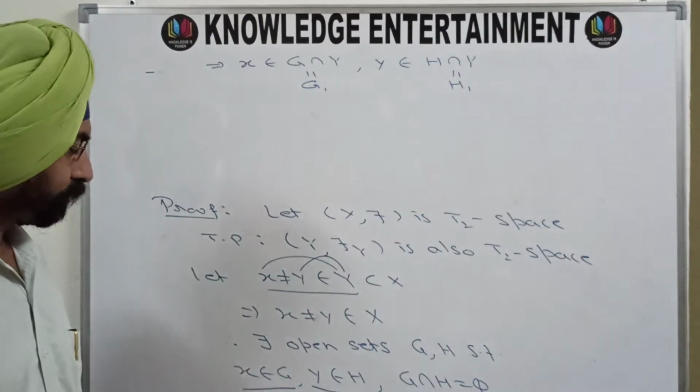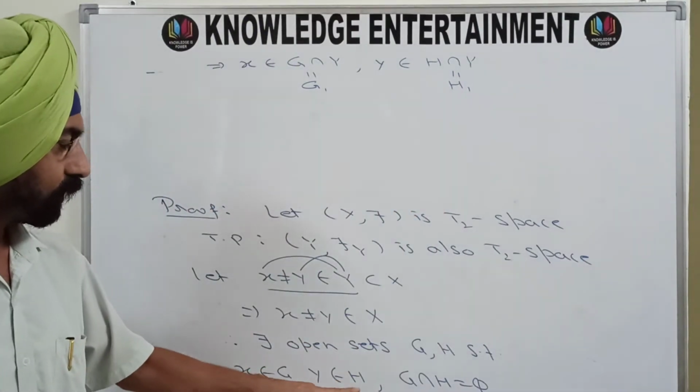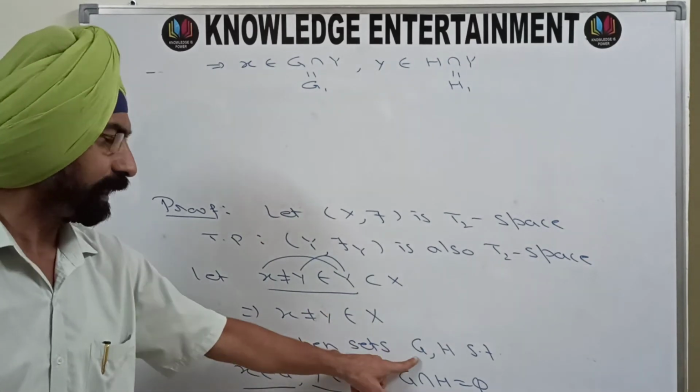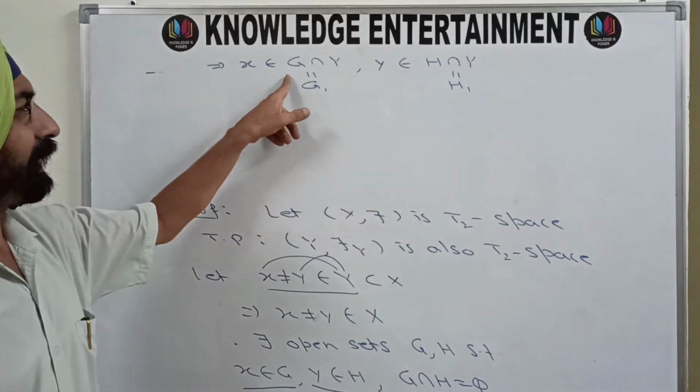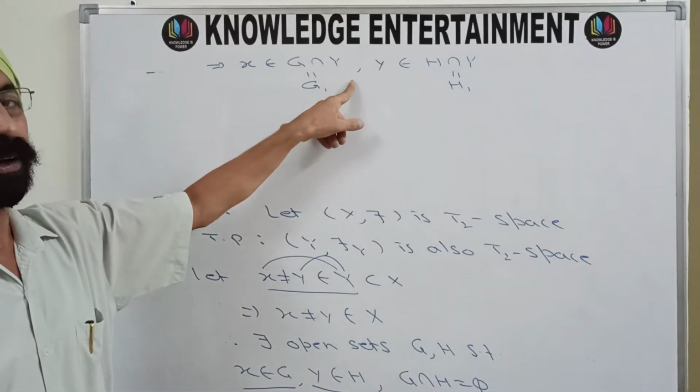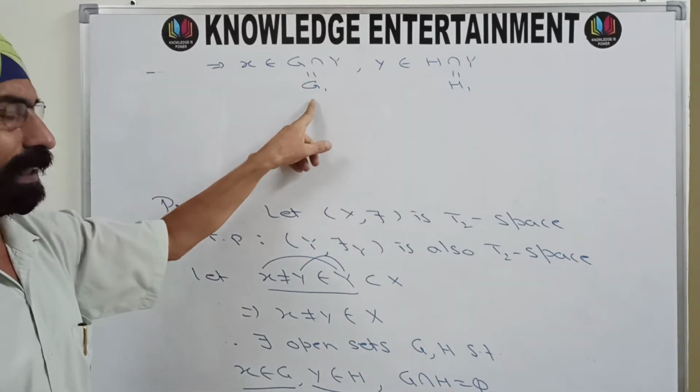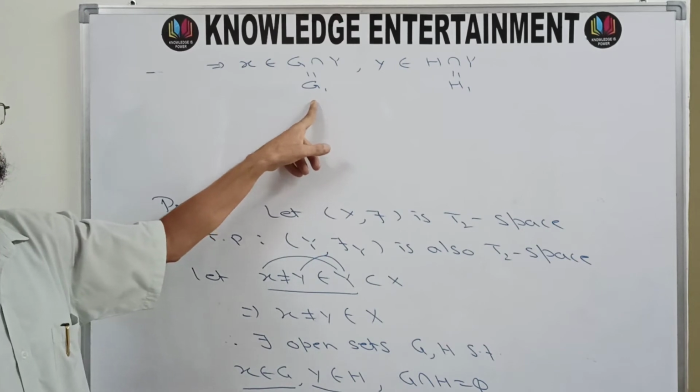Now look at, your G is tau open, and every tau open set when intersected with Y will become a tau Y open set. So this G1 will become your tau Y open set.